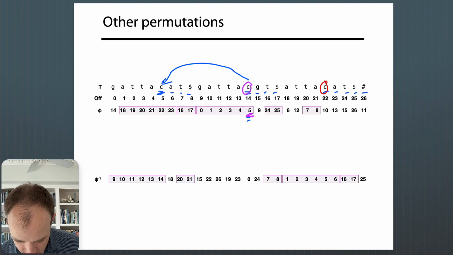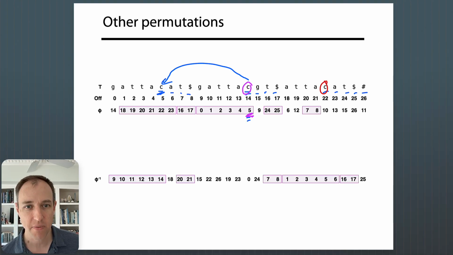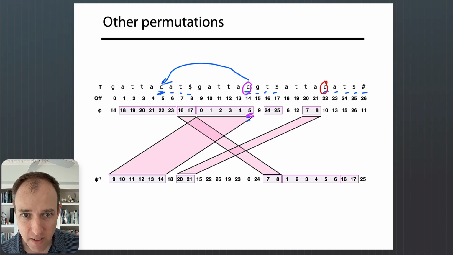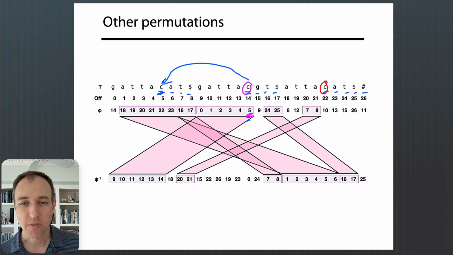So this function, like LF and FL, has long stretches of elements that go up by 1. This is another indication that phi, a lot like LF or FL, is like a block permutation. It's taking entire blocks to entire other blocks. And in fact, I can just start drawing the blocks on this diagram. I'm only going to draw the blocks for the consecutive stretches of more than one element that map to the other.